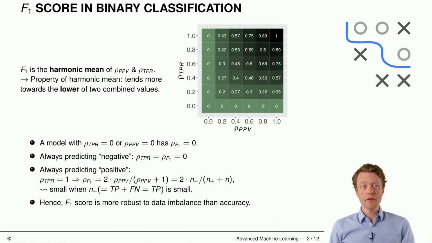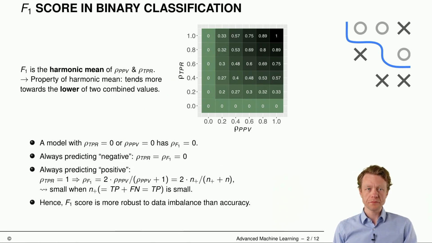Let's have a closer look into the F1 score. The F1 score is the harmonic mean of positive predictive value and true positive rate, so precision and recall. And the property of each harmonic mean is that it tends more towards the lower of the 2 combined values. What does this mean?